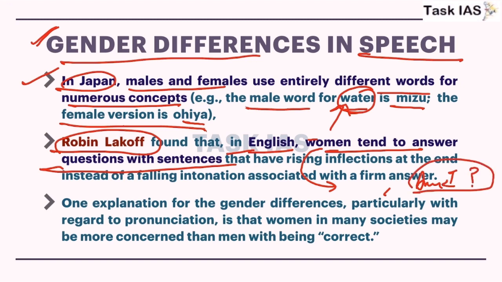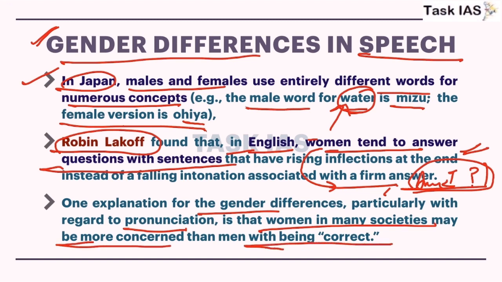So she has given a statement, but again she has raised a question. One explanation for gender differences with regard to pronunciation is that women in many societies may be more concerned than men, because women have more tendency to be right, to be more standardized. It is again an observation.